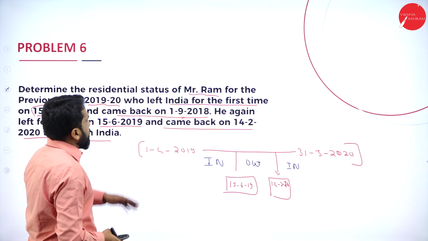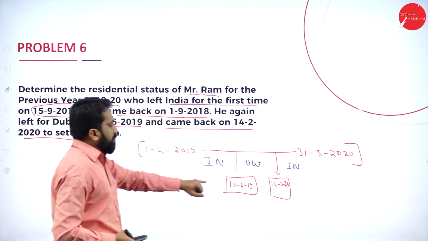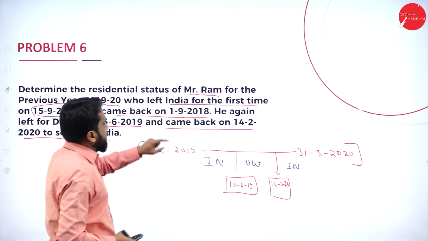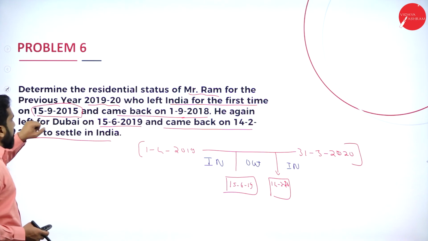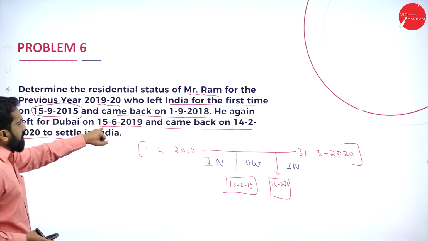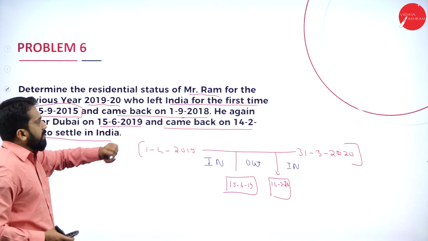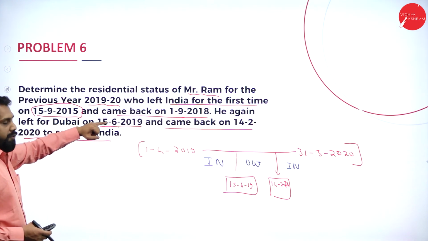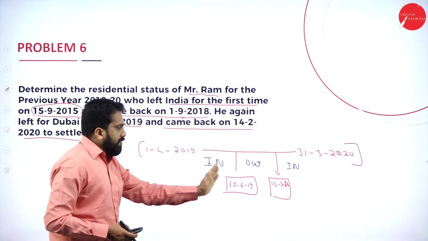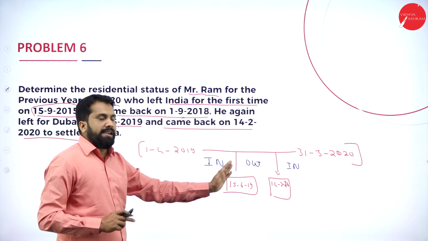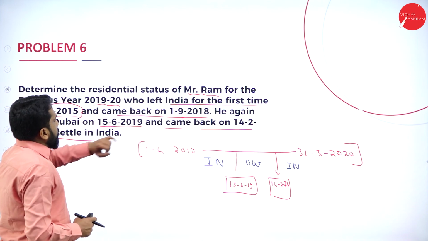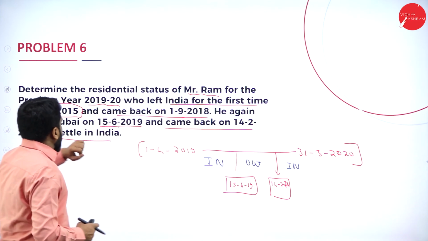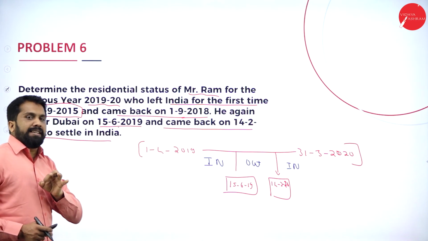The logic is he was in India, but as per the question, on 15 June 2019 he again left for Dubai. Till 15/6, he was in India. Then he came back on 14th February to settle in India.